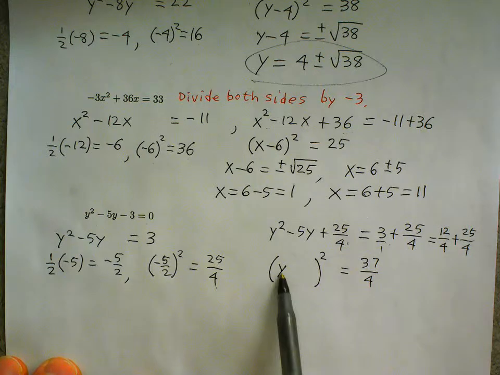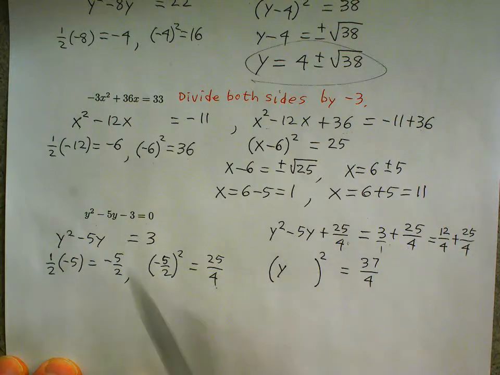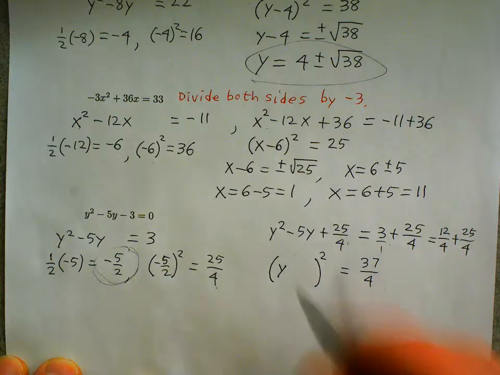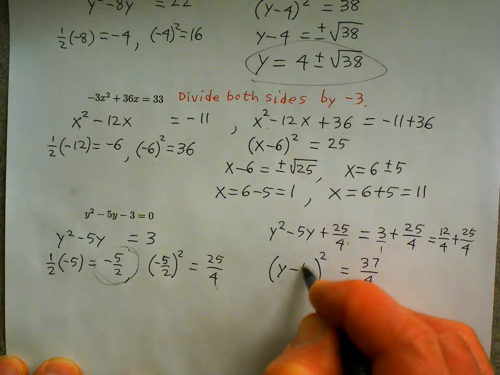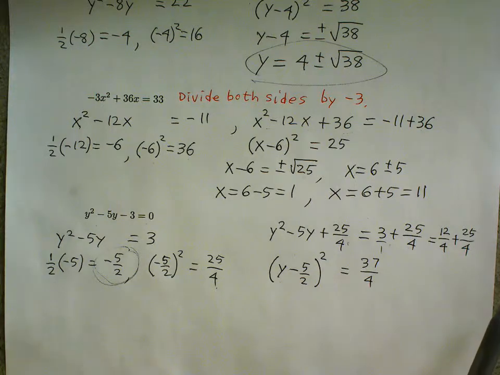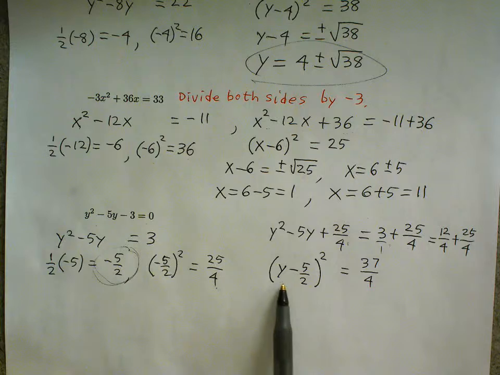Well, the number that follows y for the binomial is the same number we got when we took 1/2 of -5. That number is -5/2, so that means y minus 5/2 squared equals 37/4. You can always verify if you're ever in doubt about your factorization. You can always verify by multiplying.